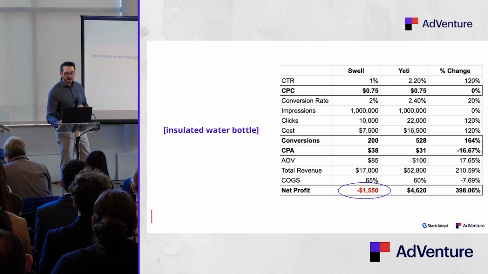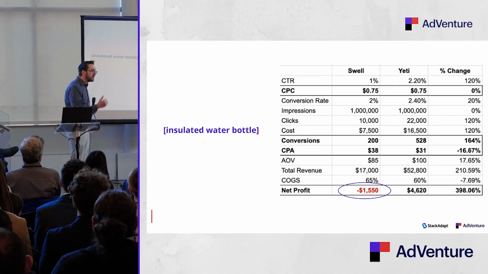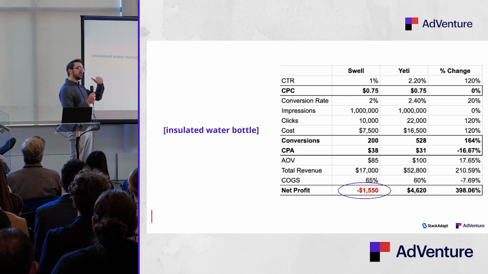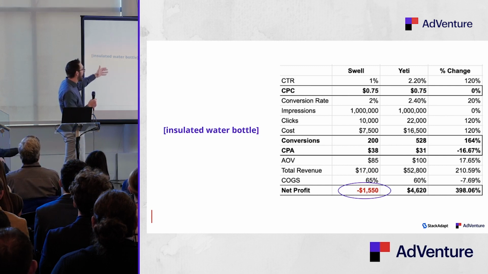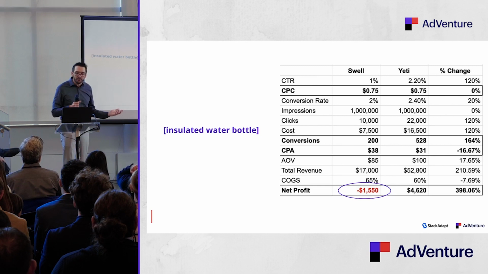They're gonna say, okay, well, we're earning a ton of profit here, so let's increase our bids and capture more market share. And what happens when Yeti increases their bids? It raises the market price of the auction, which in turn increases the cost per click for Swell, and now Swell is no longer profitable.